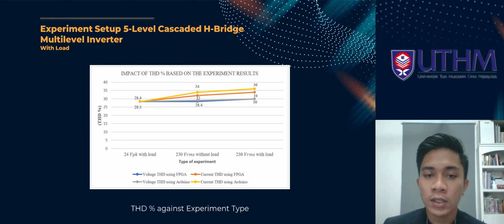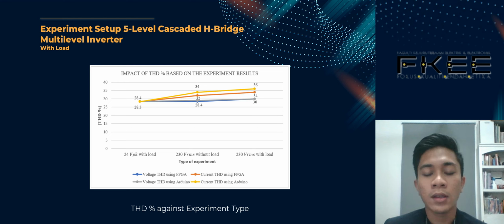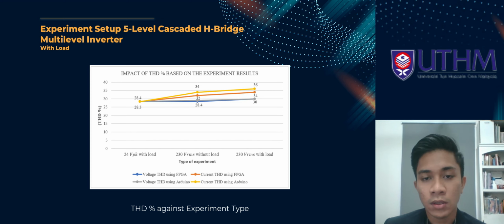And before we connected to the load, let's say at the 24 V peak, the percentage is almost the same at 28.4 and 28.3% of voltage THD. This is why in Malaysia we can use 50 or 60 Hz of frequency at electrical appliances, because the difference between 50 and 60 Hz does not affect the quality of the waveform.